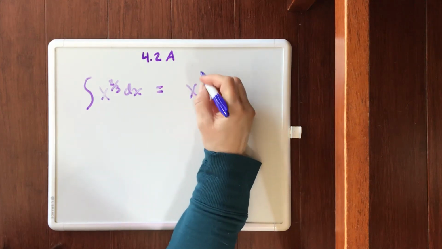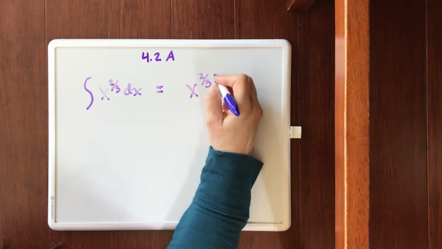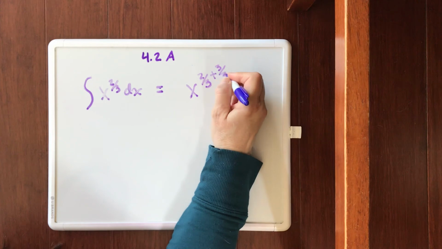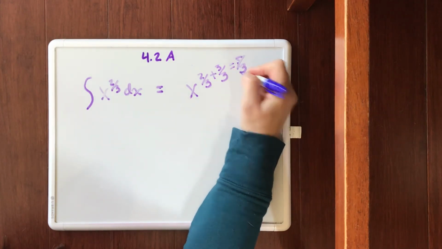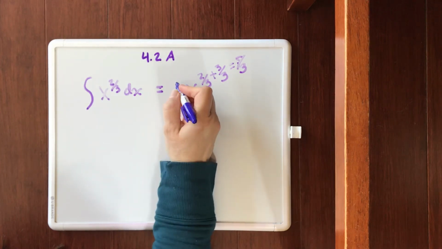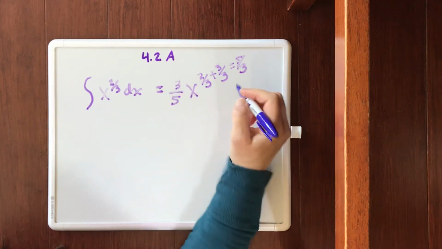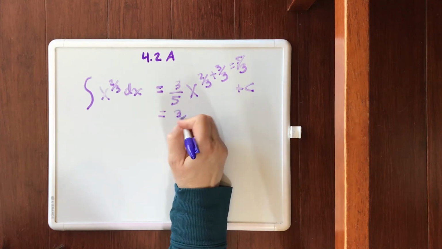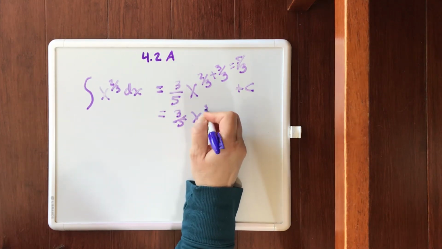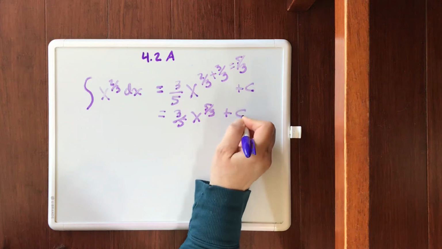So we take the 2/3 and we add 1 to it. So I'm going to add 3/3. And that equals 5/3. So we multiply this by the reciprocal, 3/5 plus c. And we can rewrite it as 3/5 x to the 5/3 plus c.